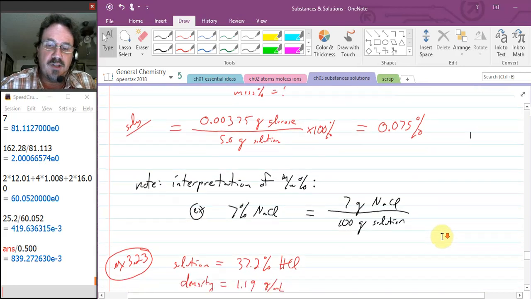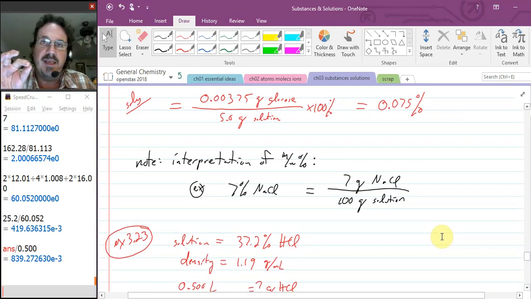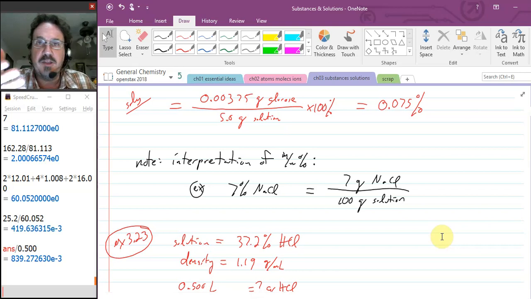Now, because we're expressing it as a percent, if they actually give you the concentration in weight by weight or mass by mass percent, you need to be able to interpret that in order to use it in a problem. Now actually we were doing the same thing above.